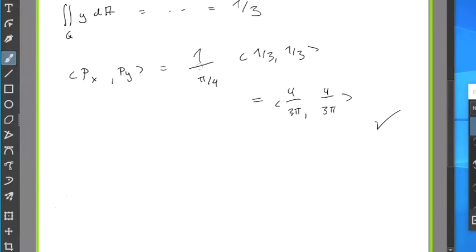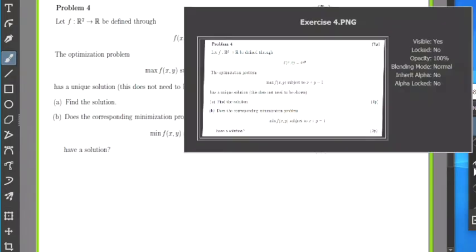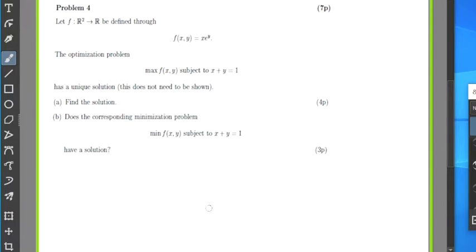Okay. Let's push on to problem number 4. And here we need to solve an optimization problem. So we need to find a maximum of x e to the y.